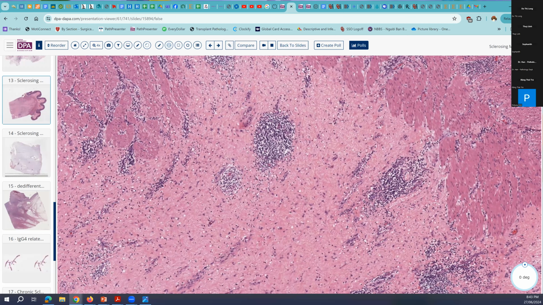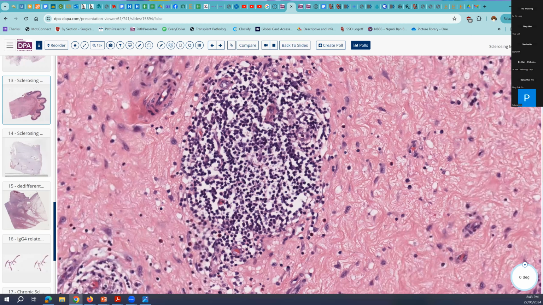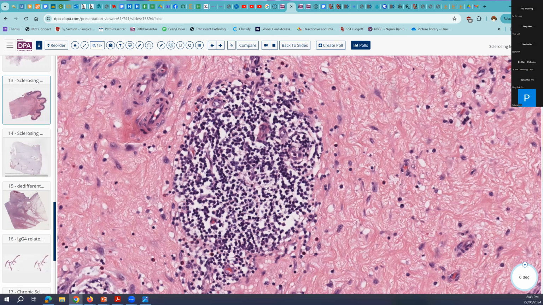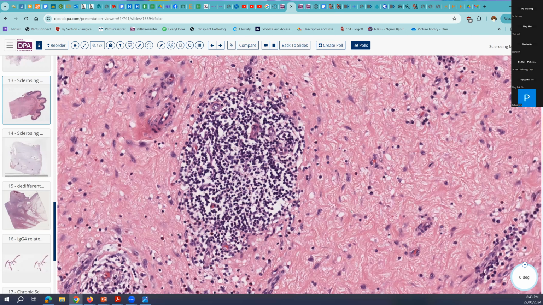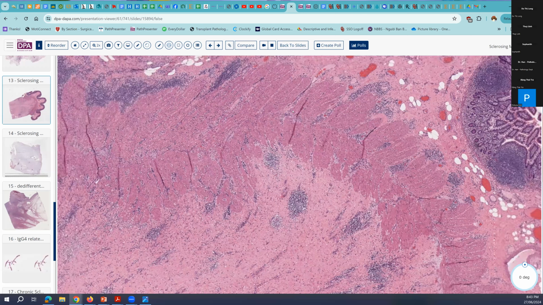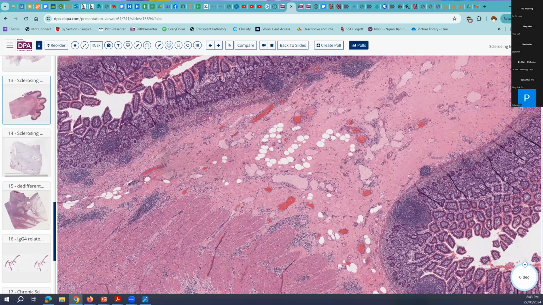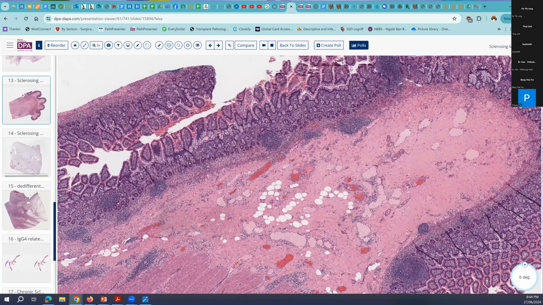Some mixed inflammatory cells, some eosinophils, and lymphocytes and so forth in here. A few plasma cells or mast cells in the midst of the stroma, and a very sclerotic process, with some of the inflammation extending up through the muscularis, possibly involving the submucosa here. And as you can see, this was small bowel that was resected.